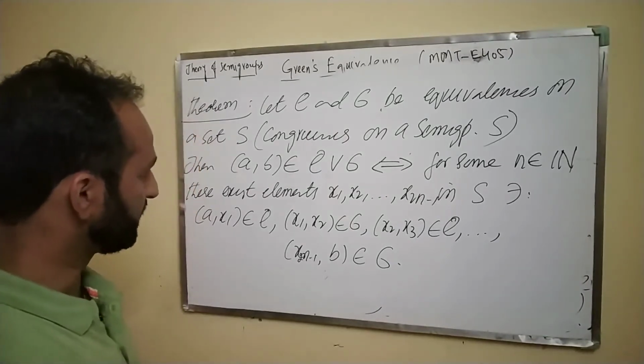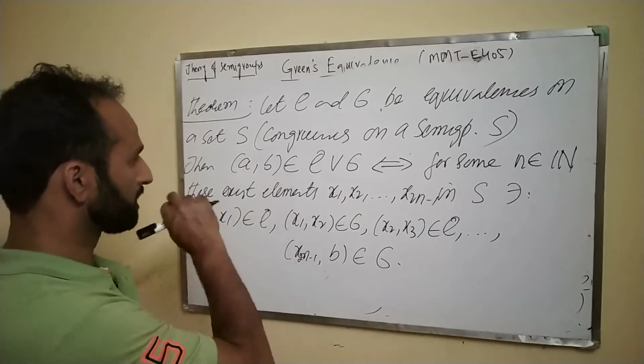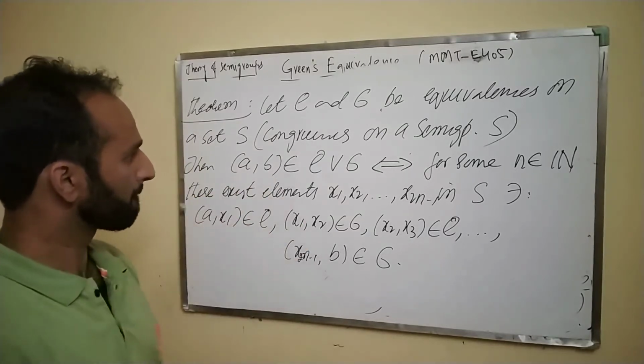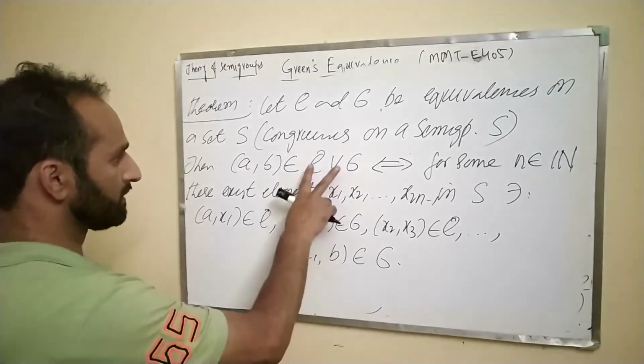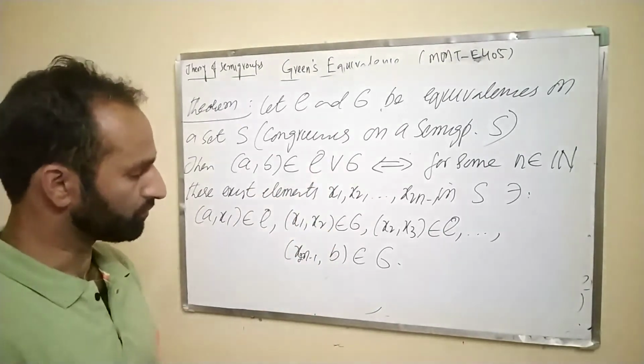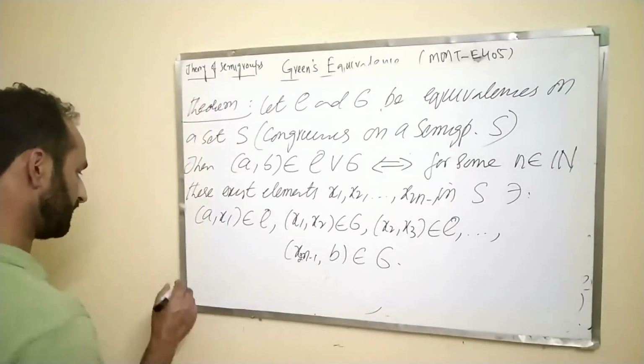Let's prove the direct part first. Suppose they are in the join of rho and sigma.